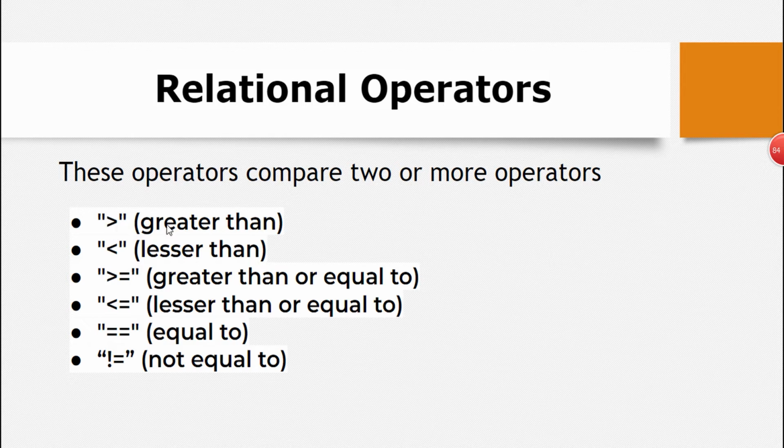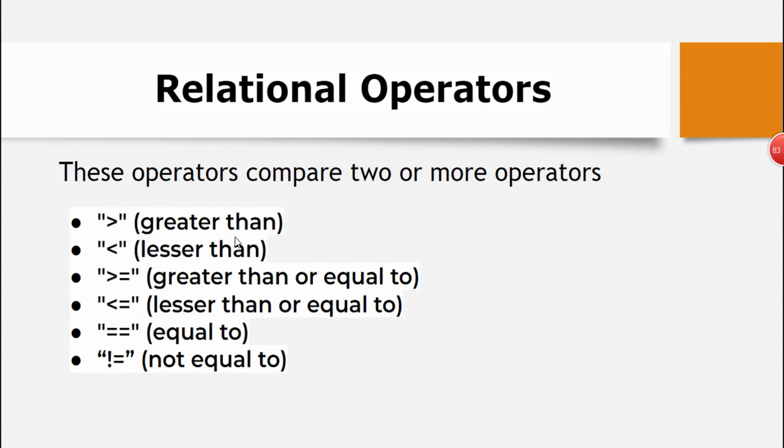As you can see, this greater than symbol, these relational operators are used to compare. So if num1 and num2 are being compared, the greater than symbol compares whether num1 is greater than num2 or not, then the less than symbol will compare whether num1 is less than num2 or not. Greater than equals to will compare if it is greater than or equals to.